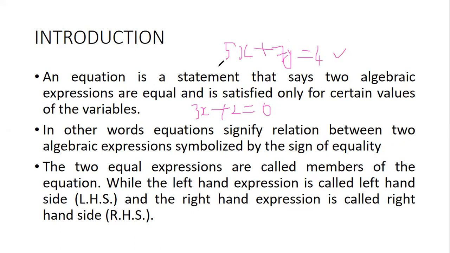If you see, on one side you have one algebraic expression, and on the other side you also have an algebraic expression. Both are connected by an equal to sign in between. Such statements are called equations.